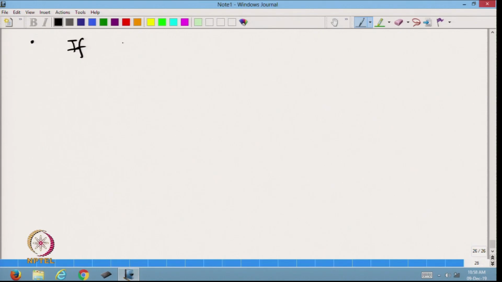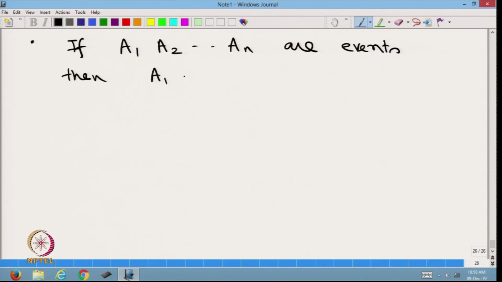If A1, A2, ..., An are events, then A1 intersection A2 intersection ... An is also an event.